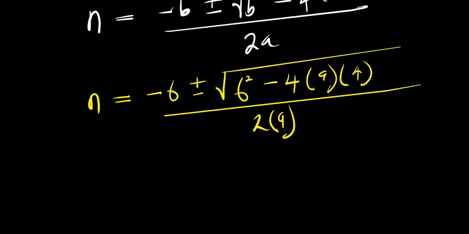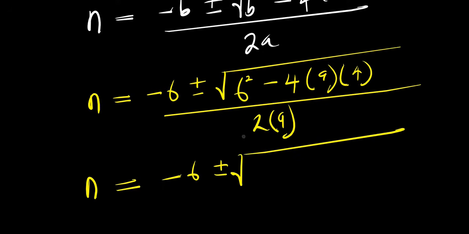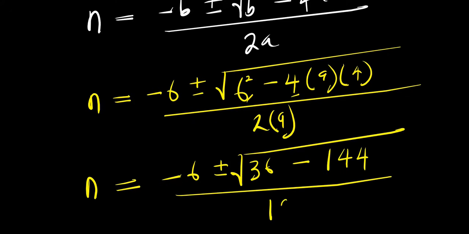So from here, we have n equals negative 6 plus or minus square root of 36 minus 4 times 4, 16. 16 times 9 will give you 144. And this is divided by 18.